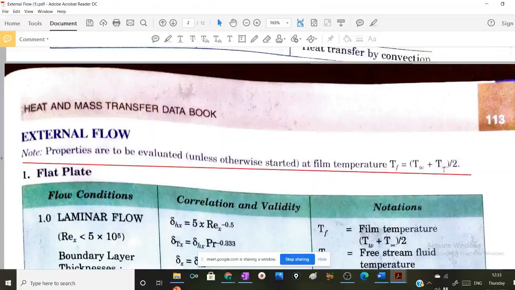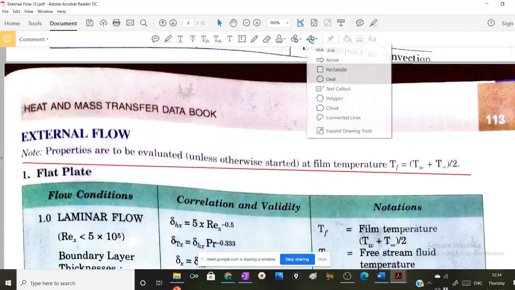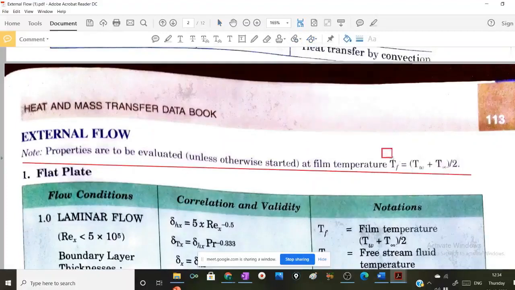So if a heated surface at surface temperature Ts is there and fluid with temperature T infinity is flowing over it, it is external flow, and unless otherwise mentioned, the mean film temperature will be the reference temperature in case of external flow, and it can be calculated this way: Tw plus T infinity by 2.